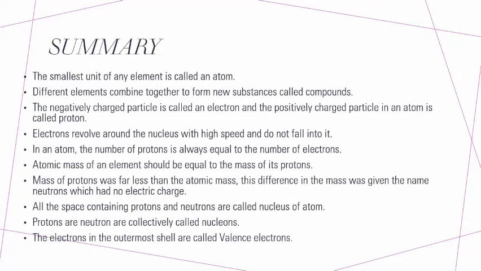Mass number is represented by A, atomic number by Z, and you calculate the number of neutrons, which is the difference between mass number and atomic number, A minus Z, giving capital N, the number of neutrons. Then we have seen that the electrons in the outermost shell are called valence electrons.